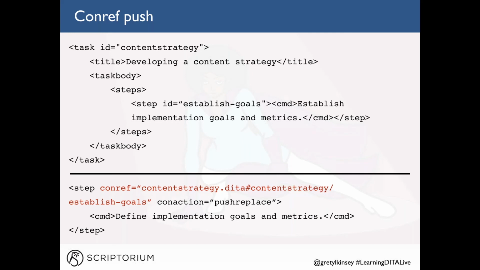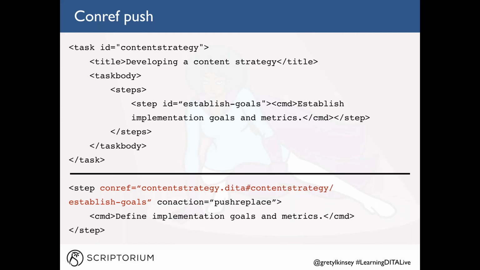And let's take a look at how our conref push mechanism works, broken down piece by piece. The first thing is we have the conref attribute. And this is the same kind of setup we saw before, just a basic conref. So you've got this value where you have the name of your file, then hashtag your topic ID, and then slash your element ID, just standard conref.